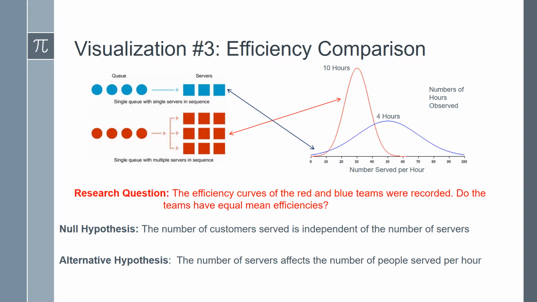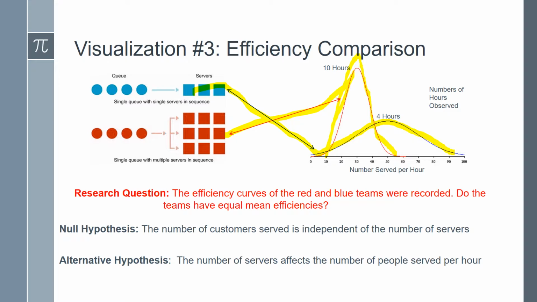In this one, looking at the efficiency comparison, we have blue data showing a large standard deviation, and we have red data that shows very little standard deviation on its bell curve. So with that, in looking at our research question, the efficiency curves of the red and blue teams were recorded.